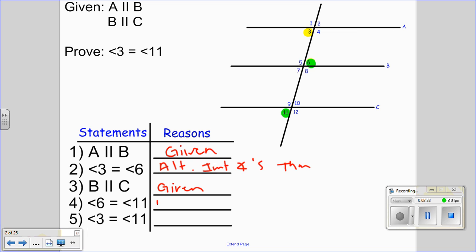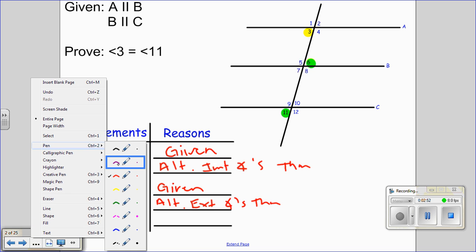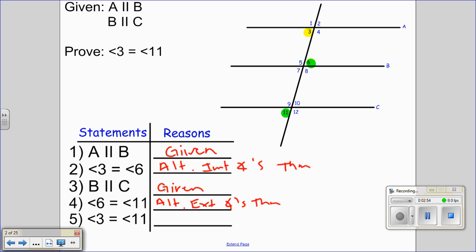So the alternate exterior angles theorem is what is our reason. Now for the last statement, it's a little easier to see if we pull some important information off to the side.